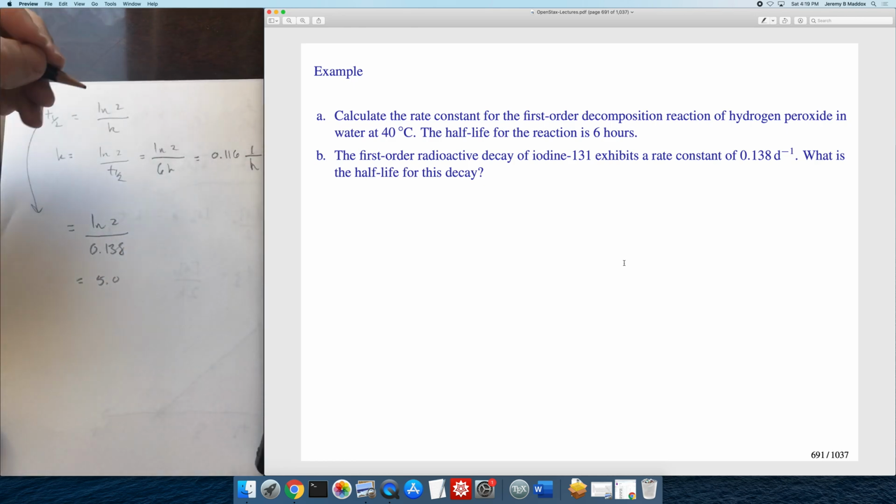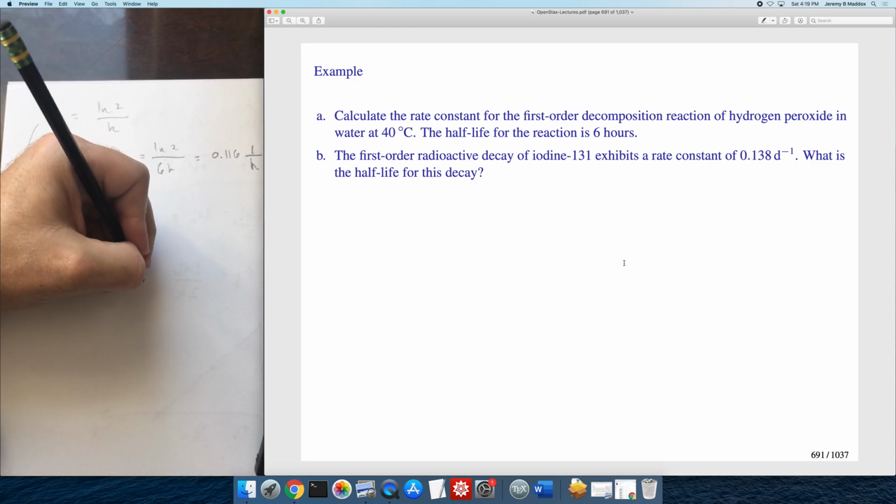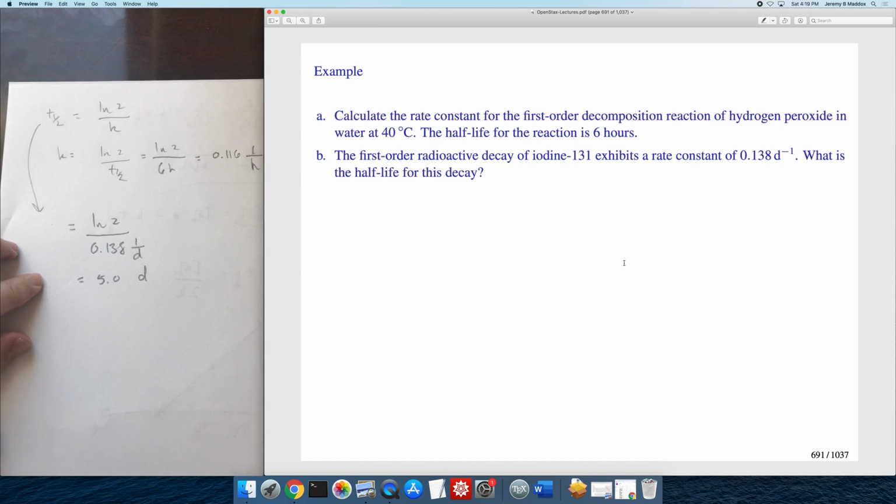And I forgot the units. This would be reciprocal days, 5.0 days. So if you had a kilogram of iodine 131, in 5 days you would have half a kilogram. That's how that works.